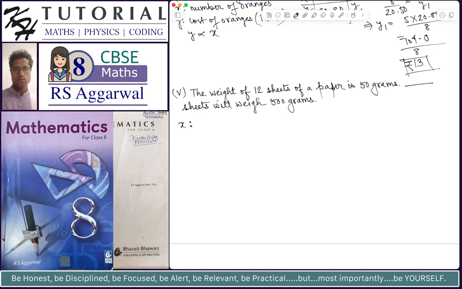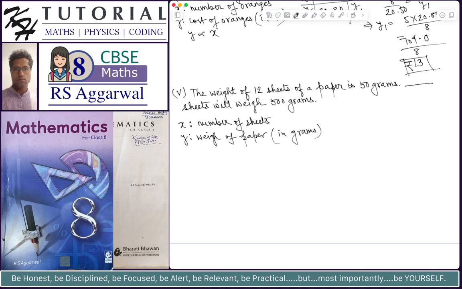So if you consider x to be the number of sheets, and y to be the weight of the paper in grams.